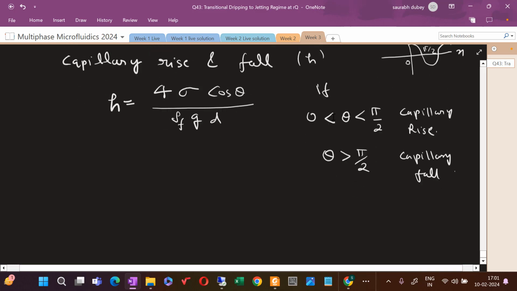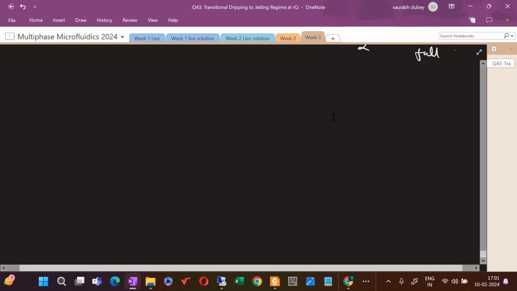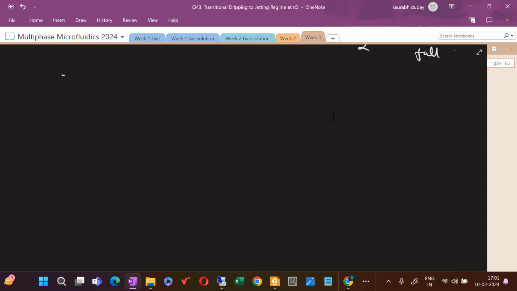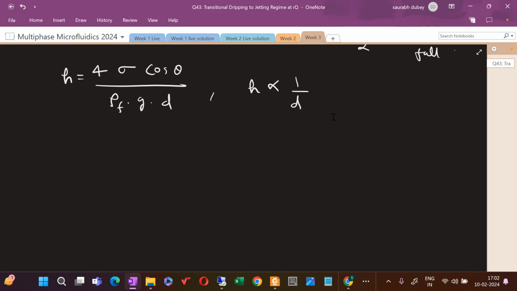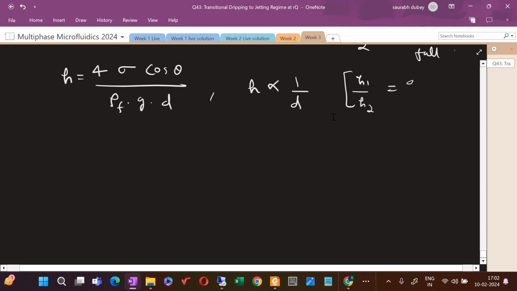So from this equation, H equals 4 surface tension cos theta divided by density of fluid times gravity times diameter of the capillary. This explains that H is inversely proportional to the diameter of the capillary, meaning H1 by H2 equals D2 by D1.